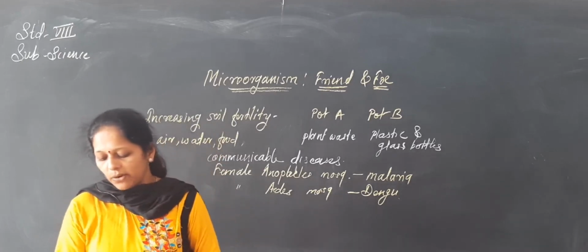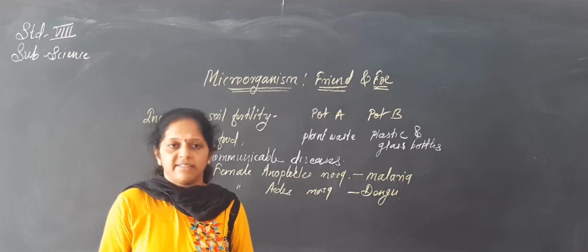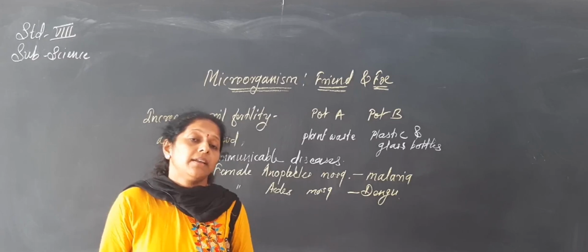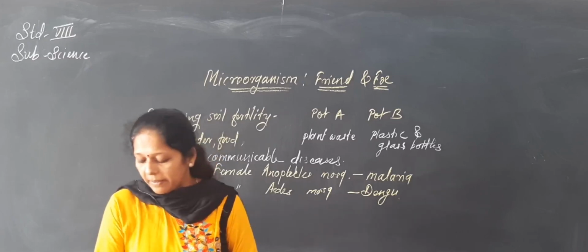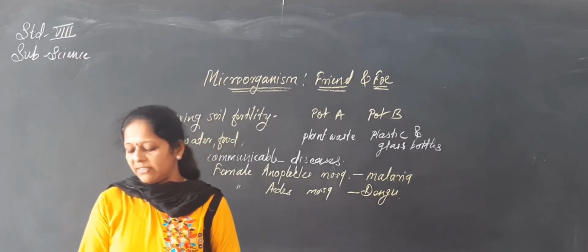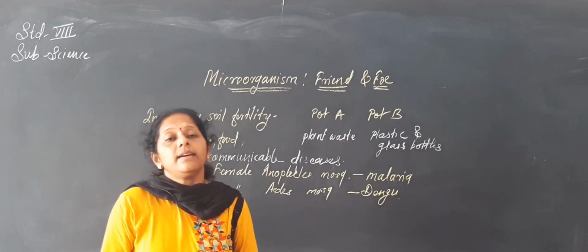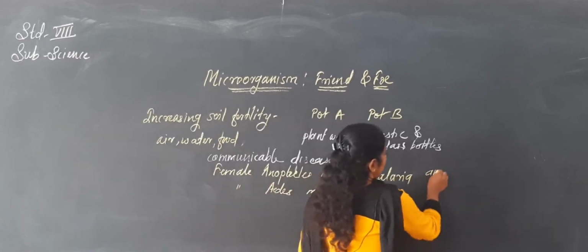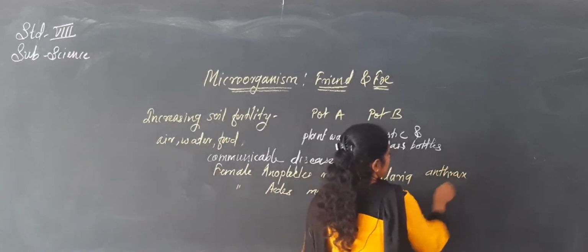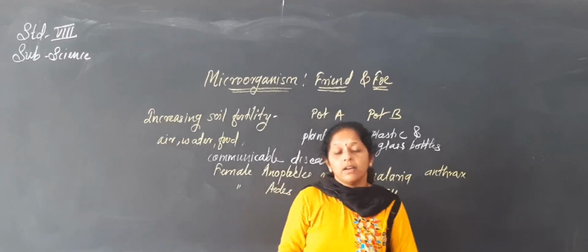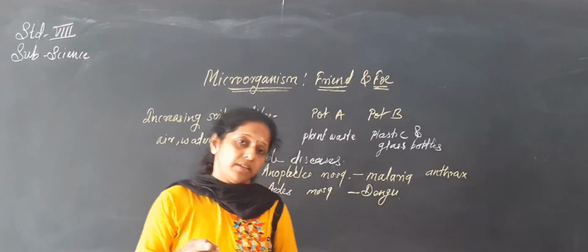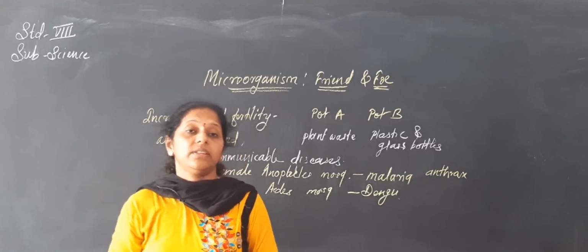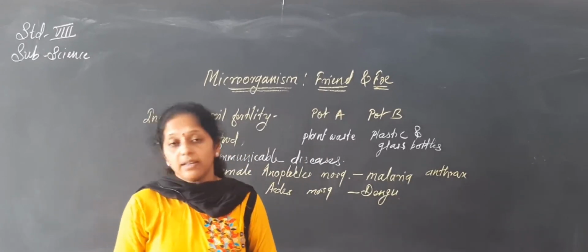Next, disease causing microorganisms in animals. Not only in human beings, diseases are also caused in animals, like anthrax. Anthrax is caused in animals and also in human beings, like cattle.